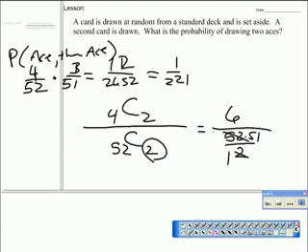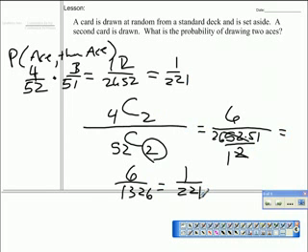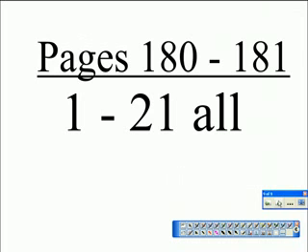So those cancel, and I'm left with 1 there and 26 there. 6 over, what's 26 times 51? 1326. And that reduces to 1 in 221. So which way is easier? Yeah, I like that way a lot better myself. All right. Pages 180 and 181, 1 to 21 all.